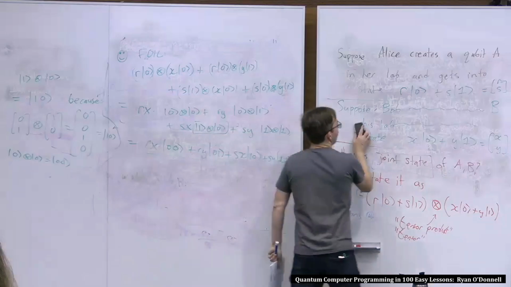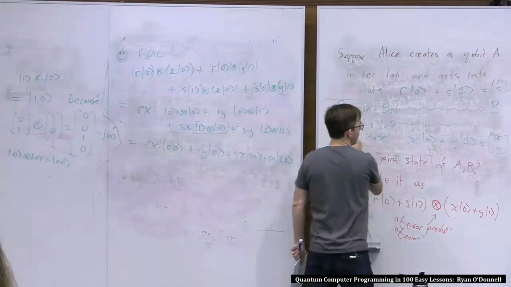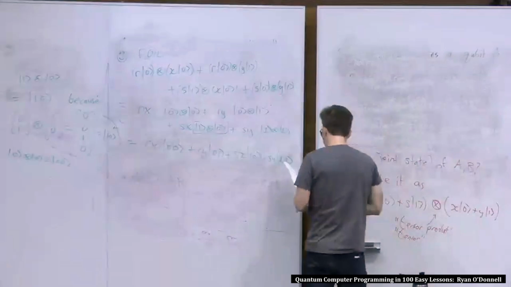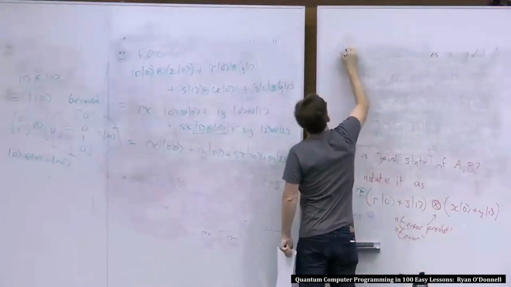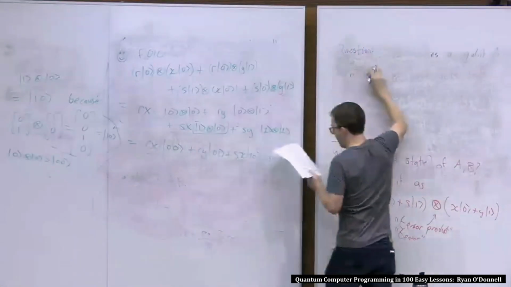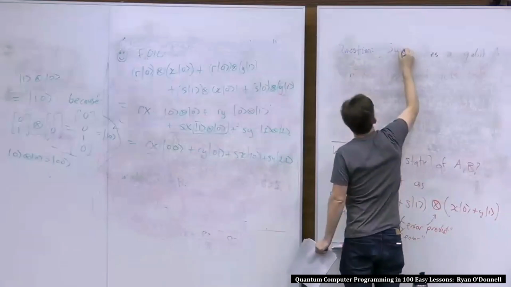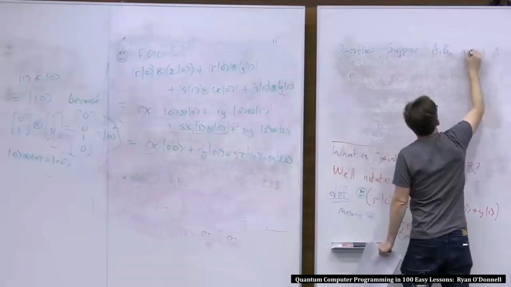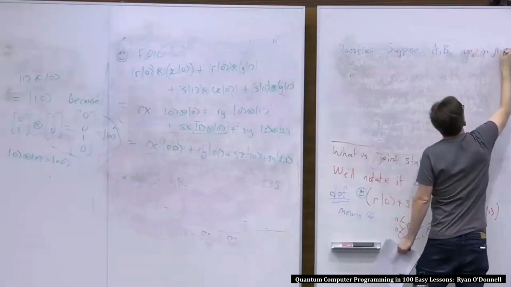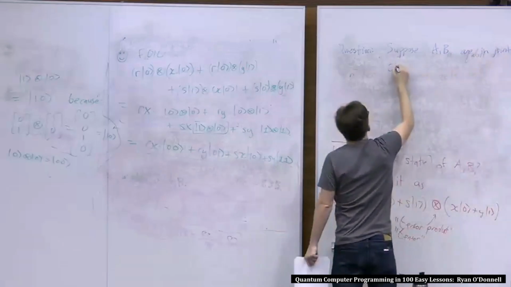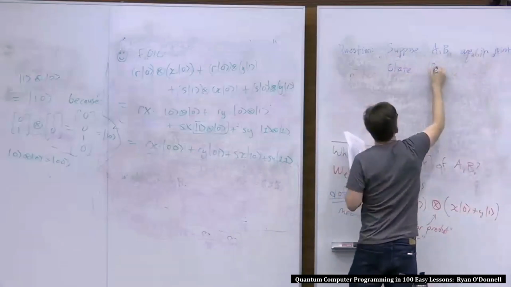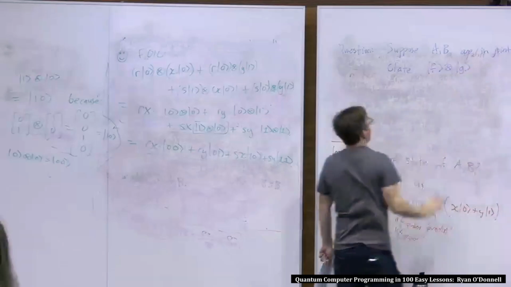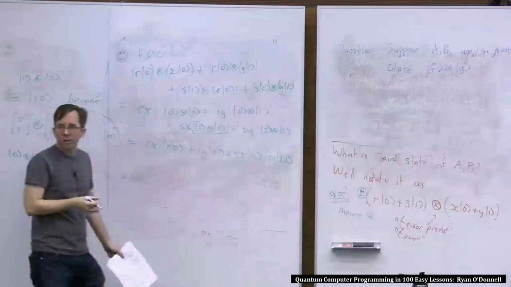So just for some practice, I want to ask you a little question. Suppose you have 2 qubits, as we're often going to have. A and B are in the joint state ket F tensor ket G, where ket F and ket G are little 2-dimensional vectors.